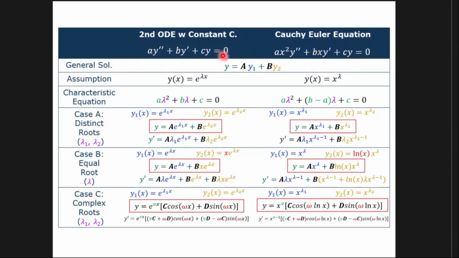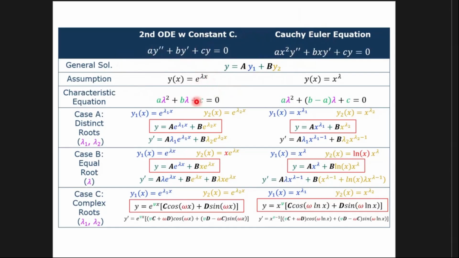So the general solution for both cases is the same because this is based on the superposition principle that applies for linear and homogeneous second order ODE. So both are linear and homogeneous, so it applies to both types of ODE. But the assumption here is different because of the different coefficients in the ODE.